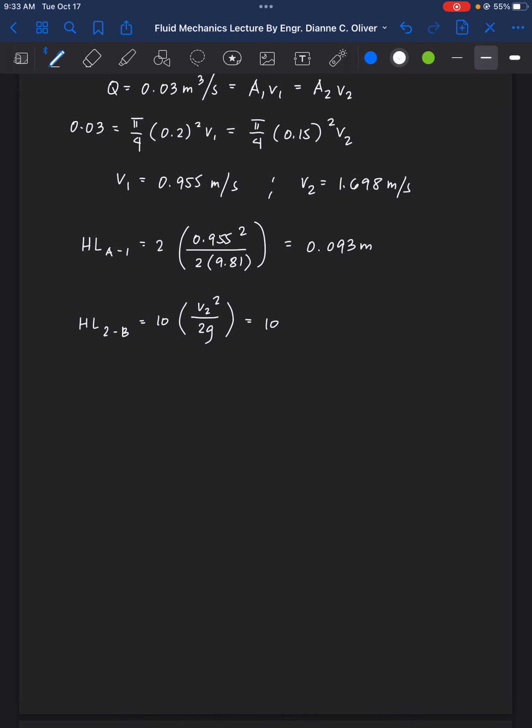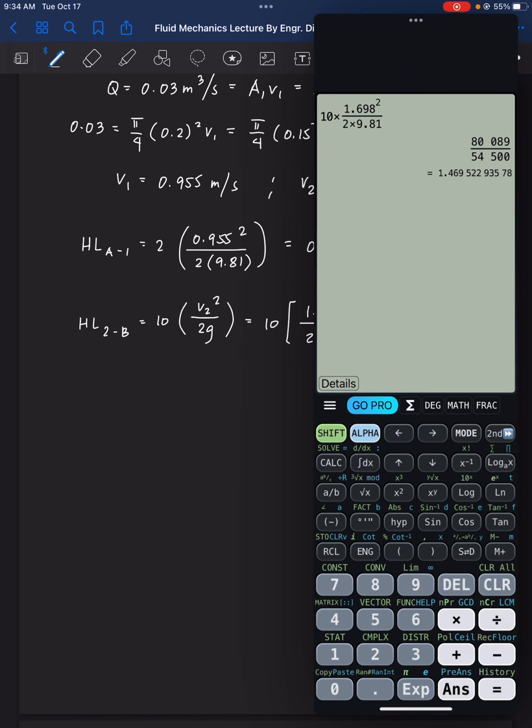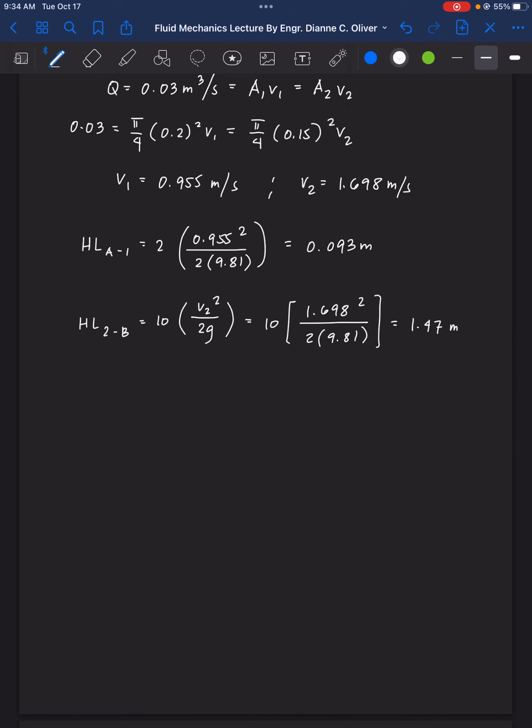So this is 10 times our V2, 1.698 squared all over 2 times 9.81, and that is equal to 1.469, or say 1.47 meter. So that's the head loss 2 to B.